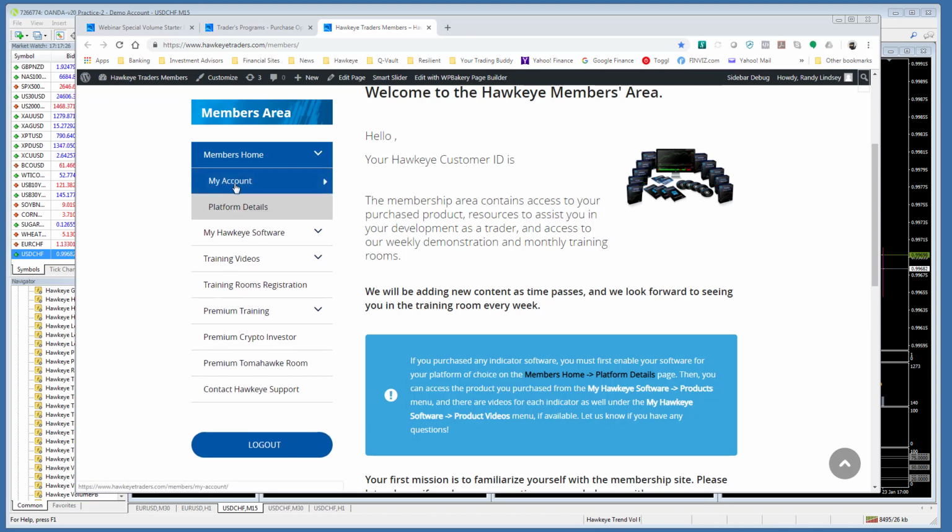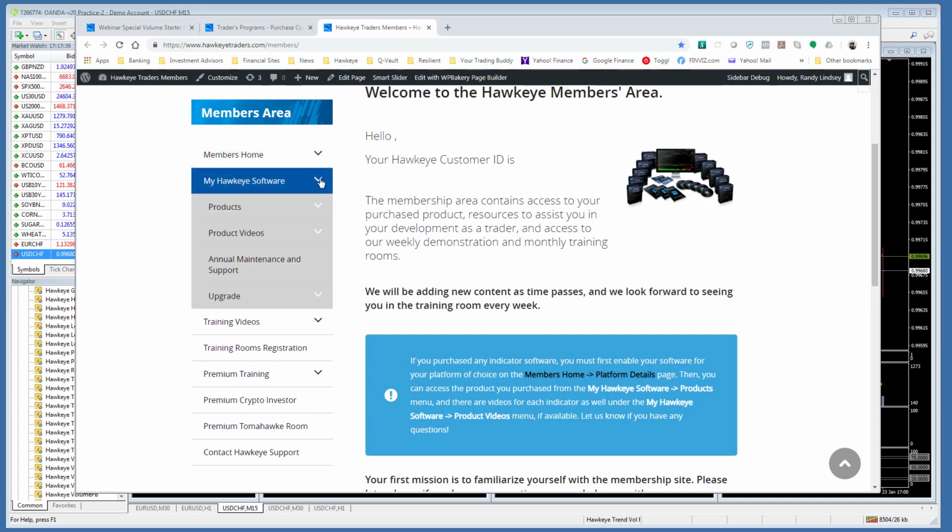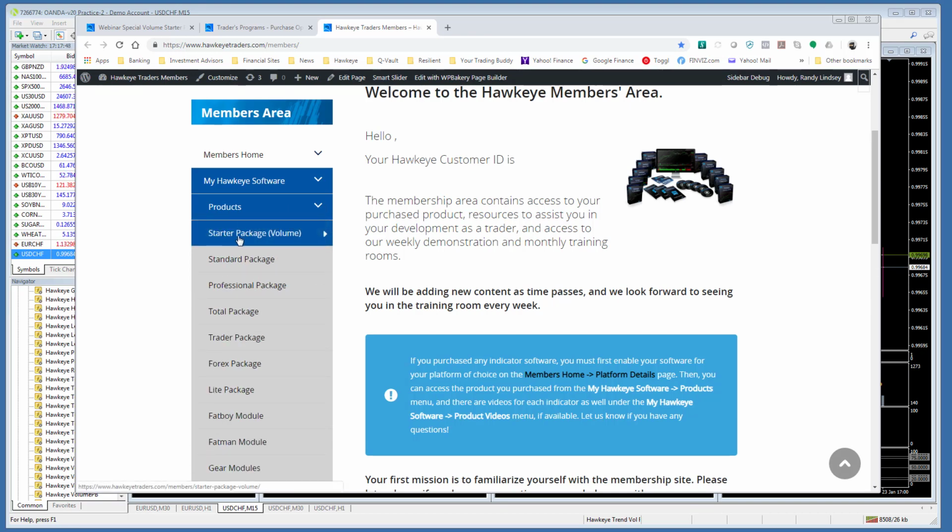You can find out the details of your account or any of the platform details that you need, whether you bought NinjaTrader, MetaTrader 4, TradingView, or whatnot. Your software will be found here. Under here, you'll find where your products are. If you bought the starter package, the volume module, you simply click on that and it will show up right here as starter package or the volume module. You can see I have a bunch of other software tools listed here, but you won't see these if you didn't purchase them.